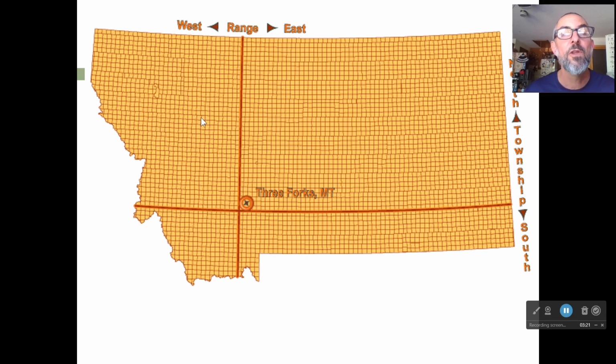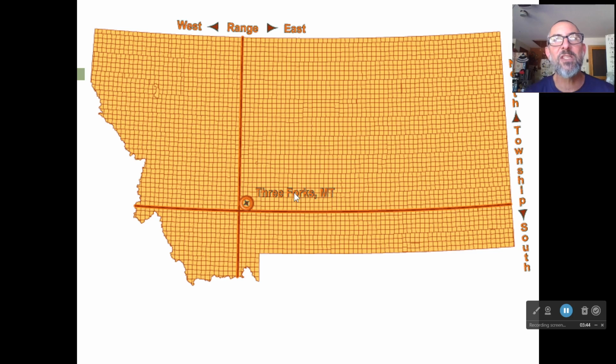And where a column and a row intersect, we call that a quadrangle. But each quadrangle has a location address based on its proximity to the baseline and the principal meridian.